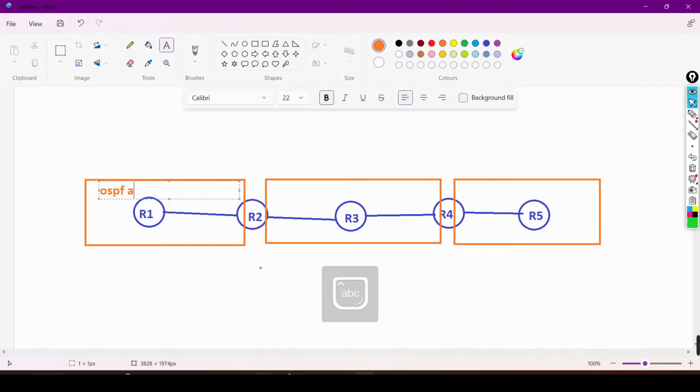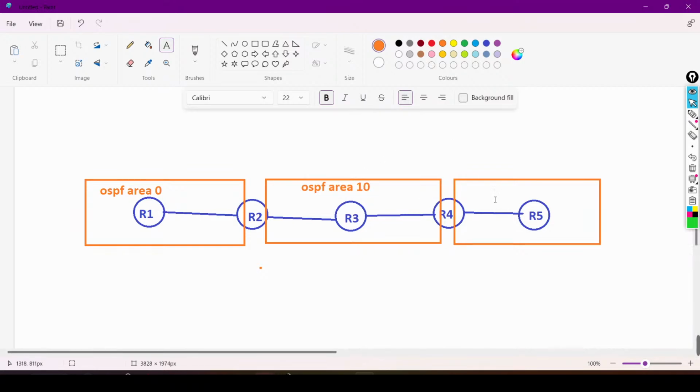OSPF area 0, OSPF area let's say 10, and this is let's say EIGRP 100.